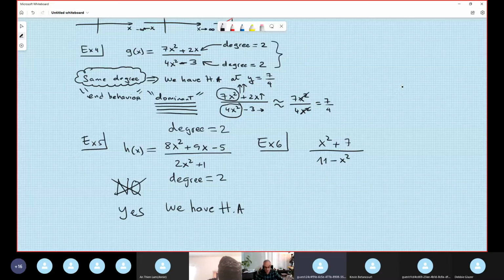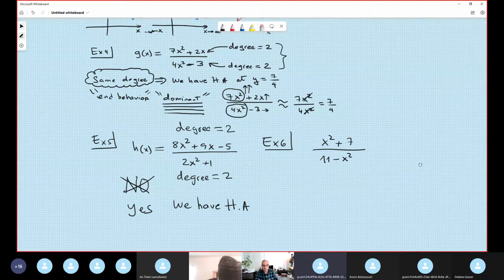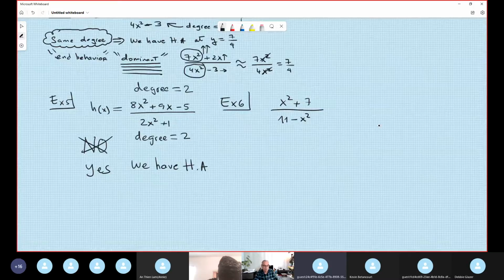See if they are the same. The answer is yes. Definitely. At what value? It's the second question. At what value is our horizontal asymptote? It's a y equals something. How do you determine this? You apply the idea of the dominant.